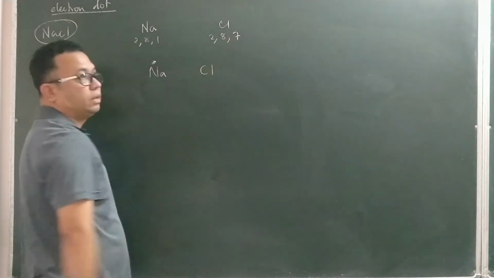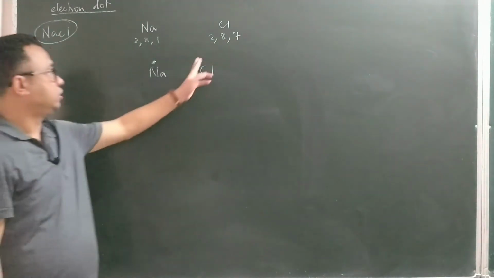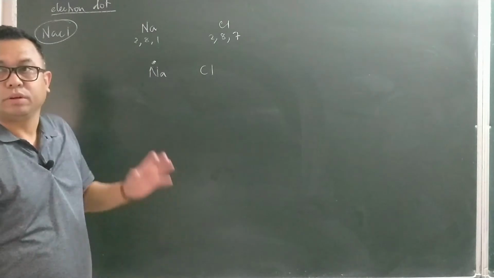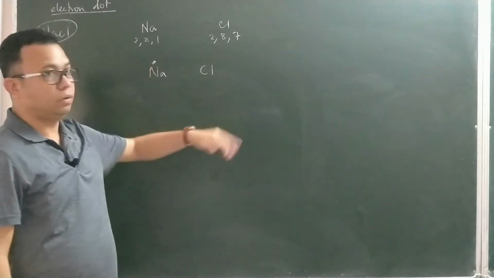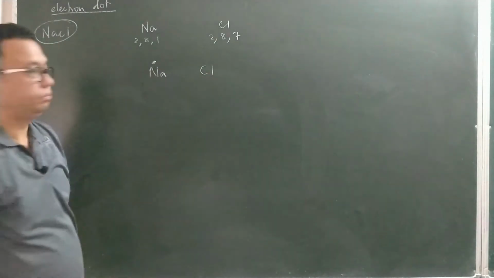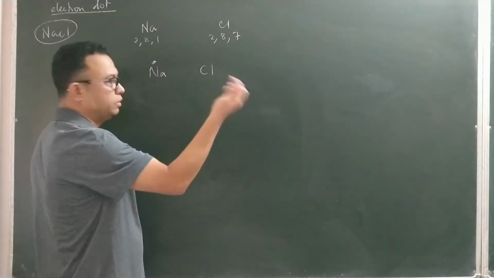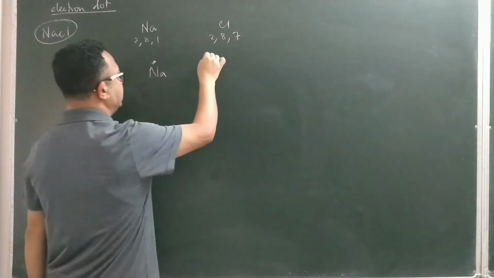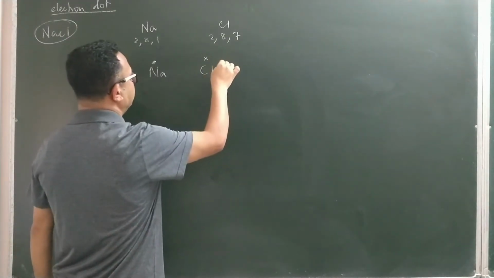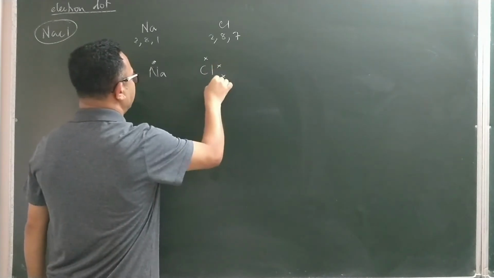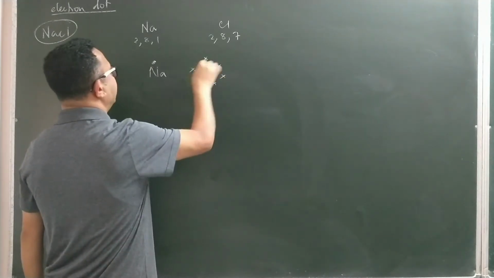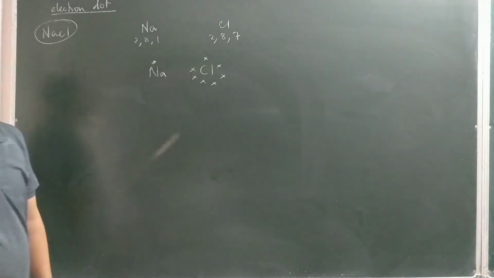The outermost shell, as you can see, is 7. And here also it is represented by a dot. But to differentiate between the electrons of sodium and chlorine, let me represent them by a cross. These are a representation: 1, 2, 3, 4, 5, 6, 7. You can see 7 electrons.